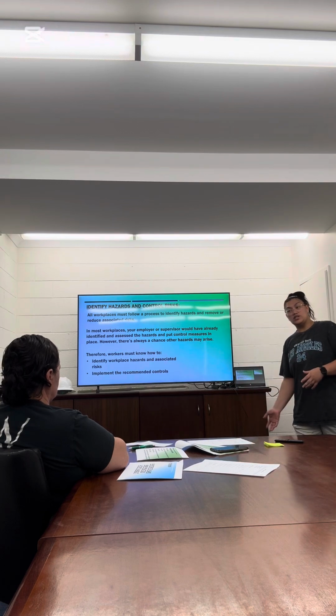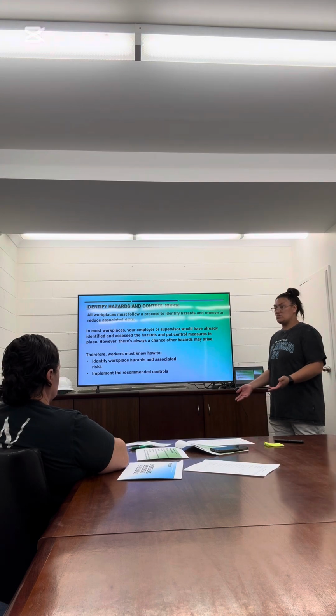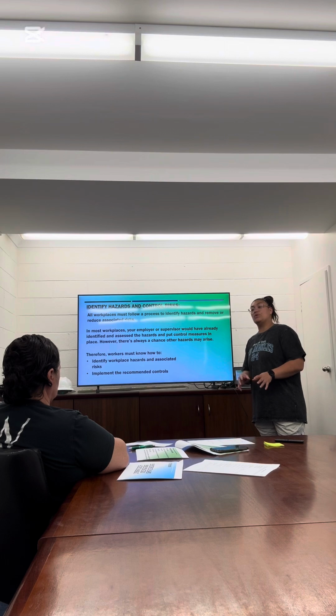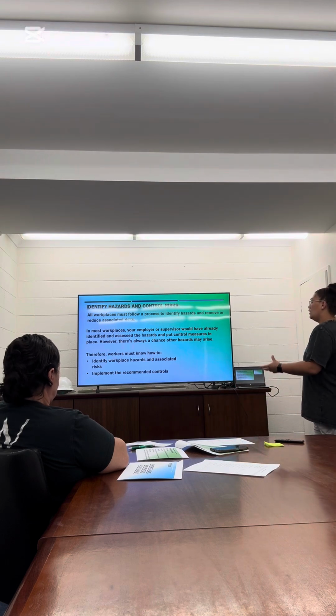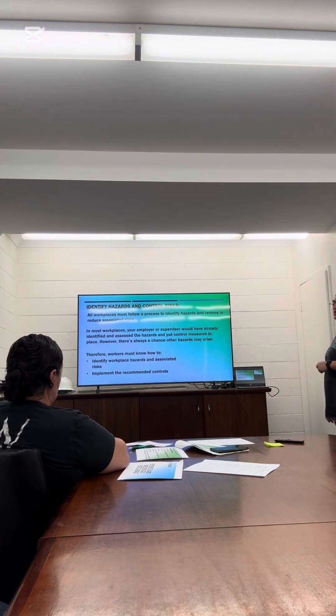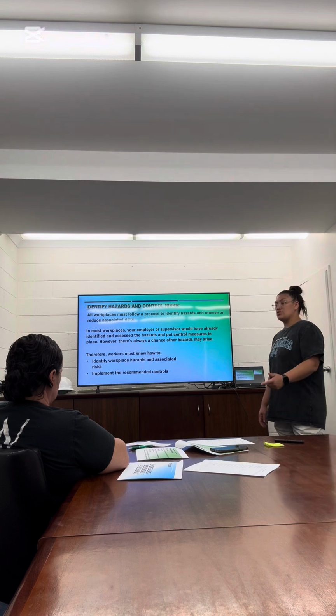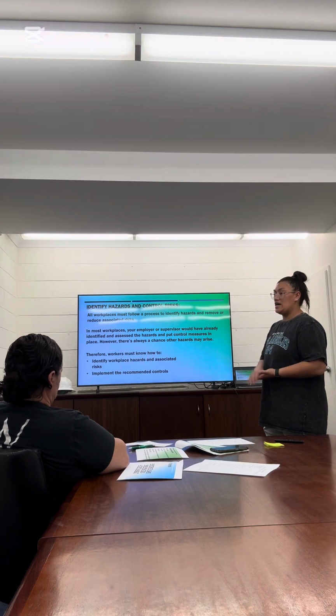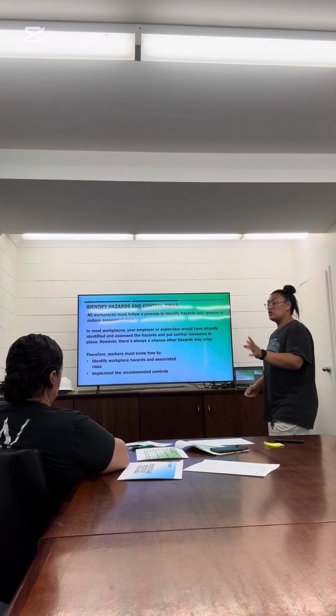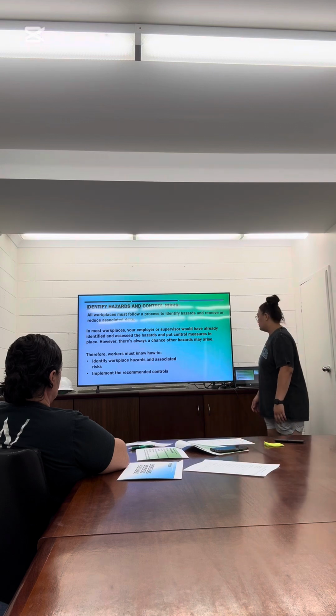However, there is always a chance for new hazards to occur and not be identified. Therefore, workers must know how to identify workplace hazards and associated risks. You've also got to know how to implement controls. So in your environment, it would be like a cafe setting.